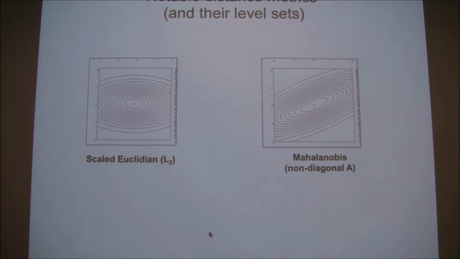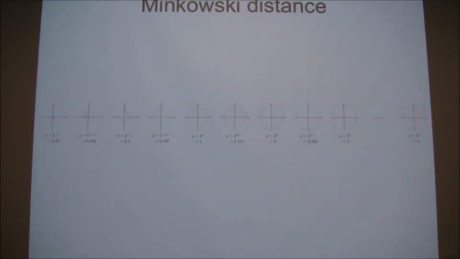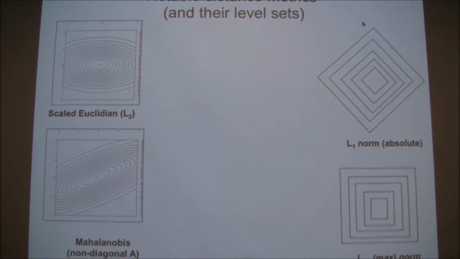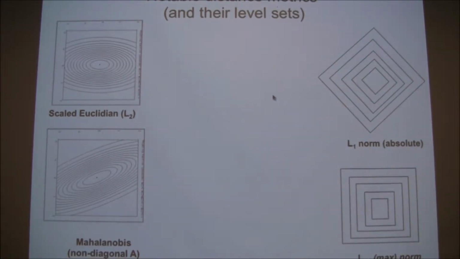We'd also introduced Minkowski distances, which were Lp norms, and L1 and L-infinity were the special cases. They were essentially more angular. You meet L1 again especially if you ever study sparsity, which we don't get to.